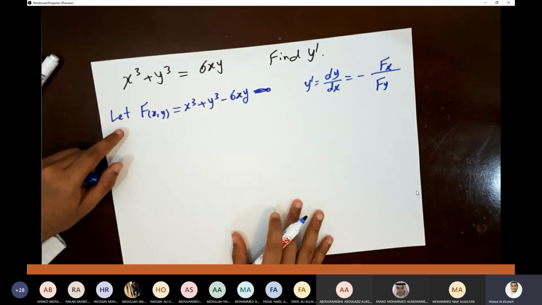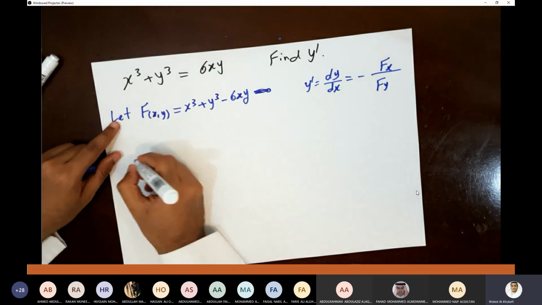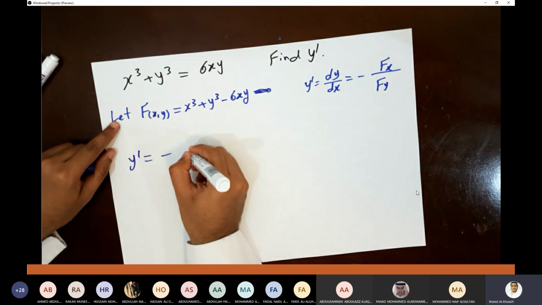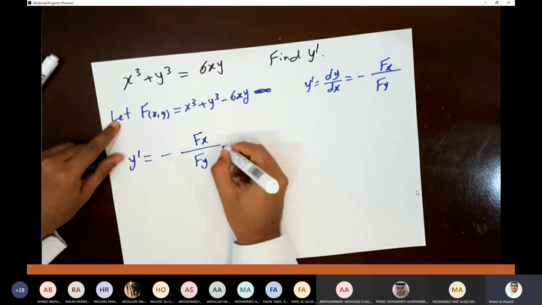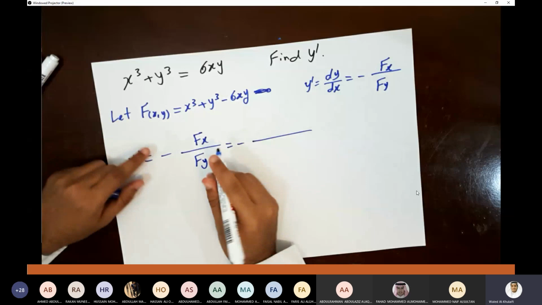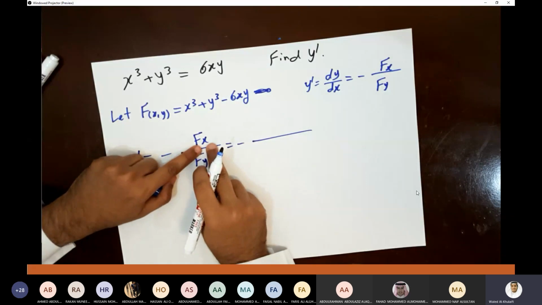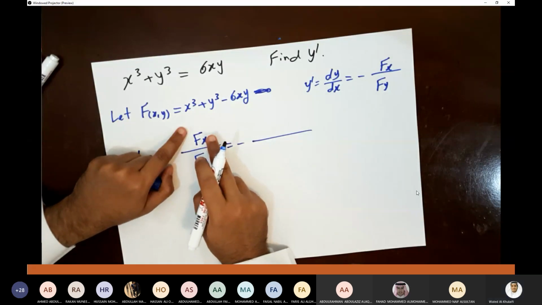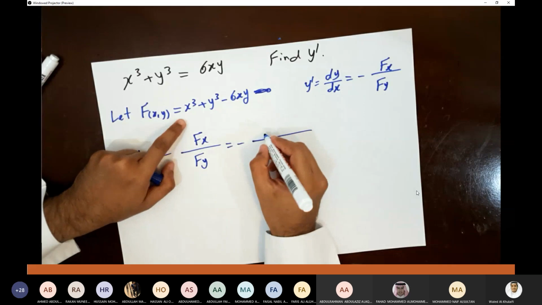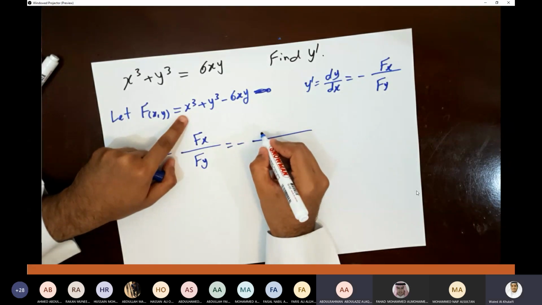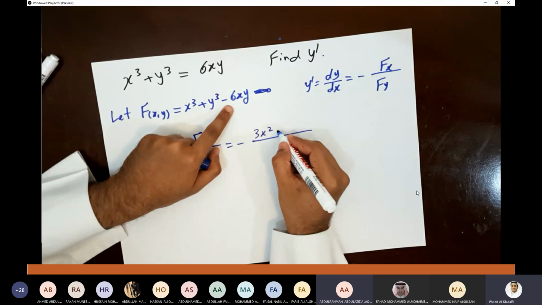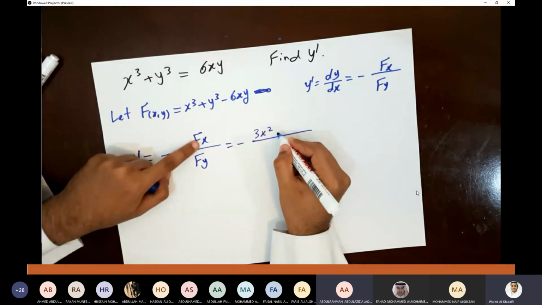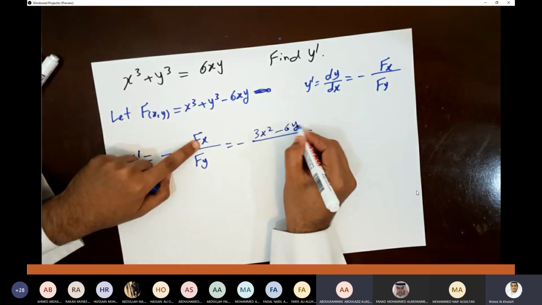And then y prime equals minus fx over fy, which is equal to minus. Now, the derivative of f with respect to x, what will it be? 3x squared, with respect to x, minus 6y.